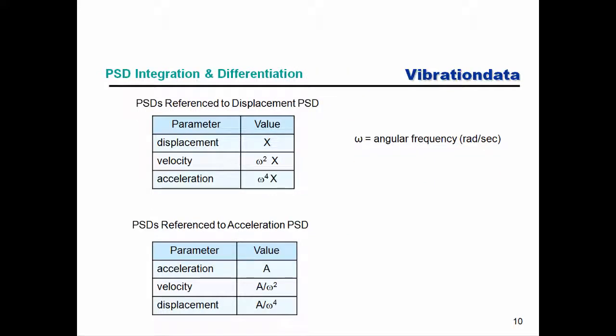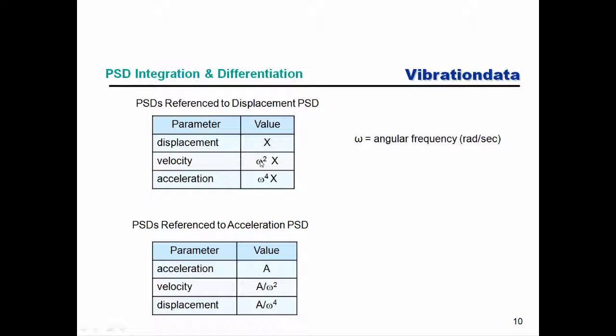Okay, now we can also extend this concept to power spectral densities. And I'm going to be a little bit sloppy here, and I'm going to use X again, only this time it's going to represent the displacement PSD. Now, since we're in PSDs, we have units squared per hertz. So that's going to affect these coefficients that come out front. And actually, I say coefficients, but these are actually variables because frequency is a variable.